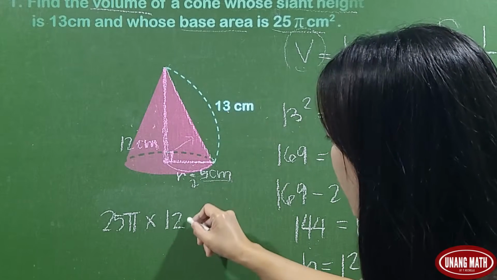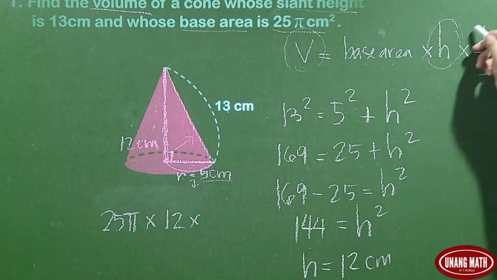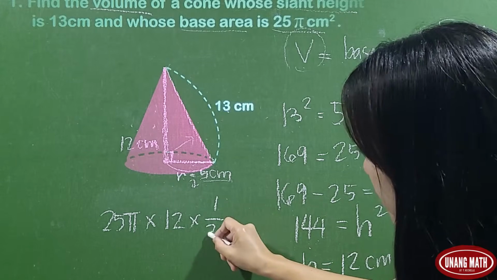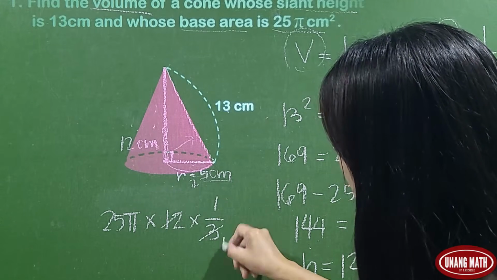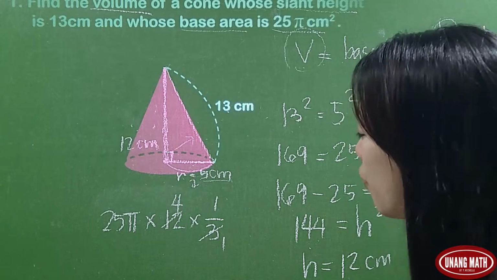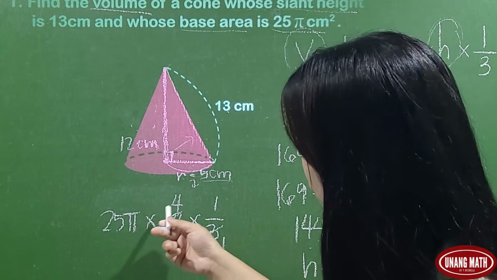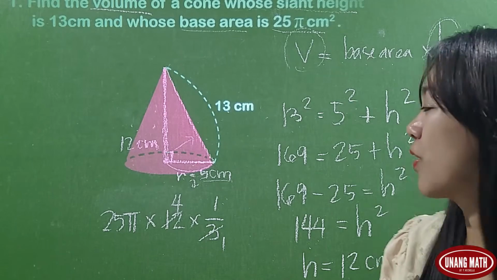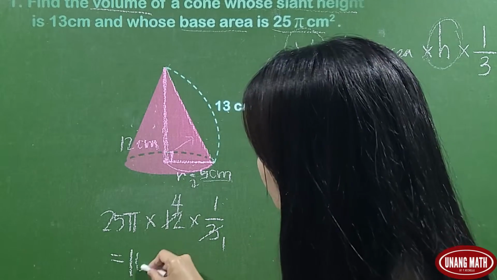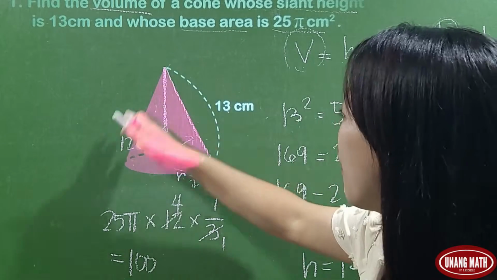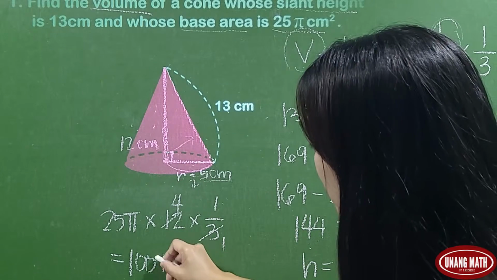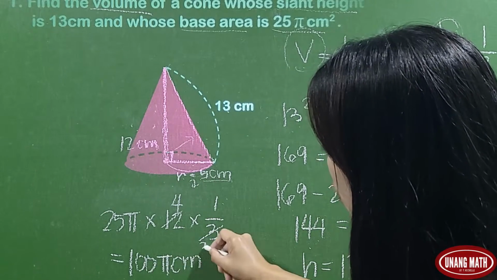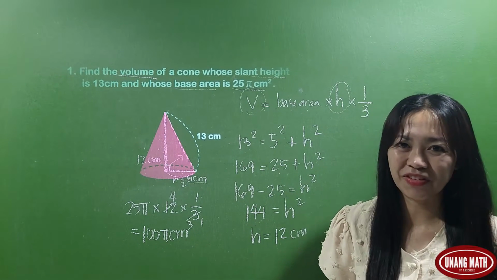So times 12. And we need to multiply this one by 1/3. So times 1/3. Okay, let's simplify. So this becomes 1. This is 4. So 25 times 4 times 1 would be equal to 100. So it means the volume of this cone is 100 pi cubic centimeters.